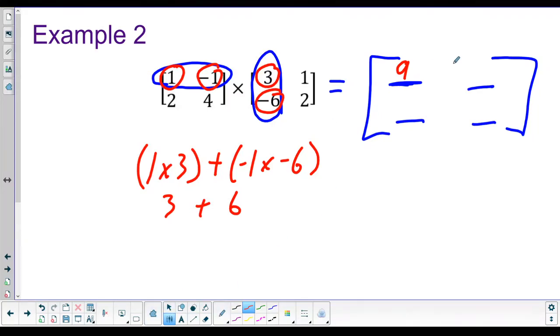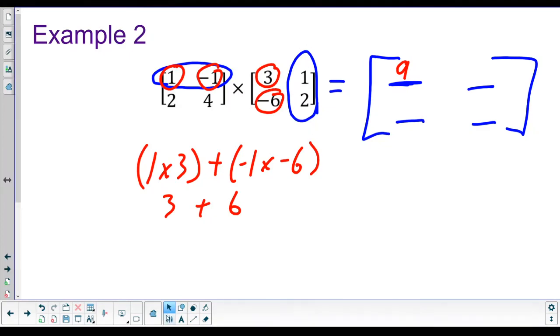Now, to get our second number, what we do is we move over to the second column. So I want the number in the first row and the second column. So I use the first row and the second column. And let's change color here.